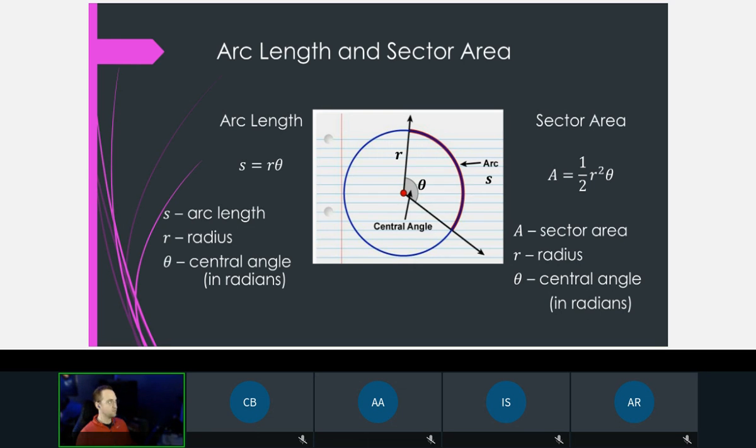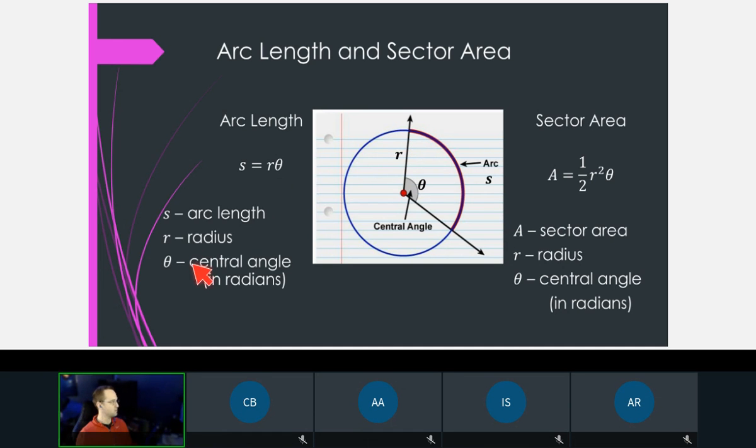All right. So two formulas. The first one is the arc length. This is S equals R times theta, where S is your arc length. This little section I'm pointing to would be the arc length, S. Your radius, of course, no surprise, is from the center out to an edge.